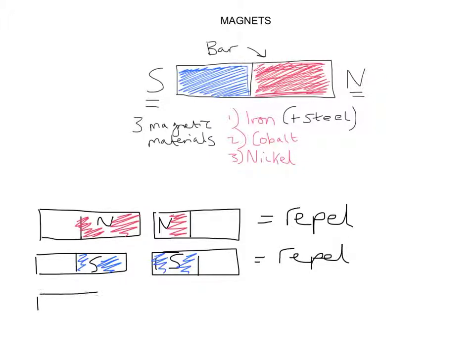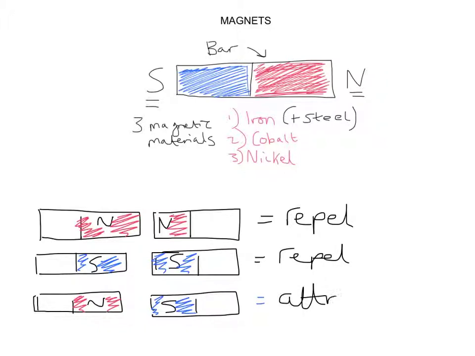And it's only when you have a north end of one magnet and the south of another that you see that they almost push together and almost join. And that is when we say they attract.